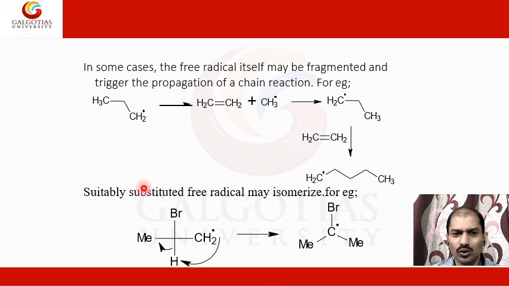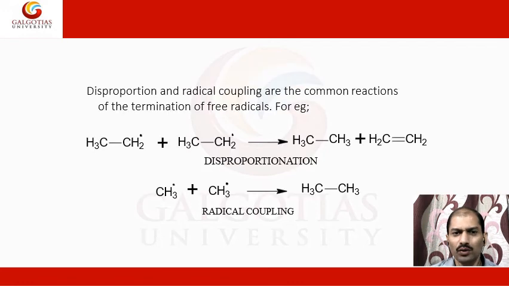A suitably substituted free radical may also isomerize. Here this can take this hydrogen, a methyl group is formed, and this takes the shape of another molecule. So if they are properly substituted, isomerization is also possible in such kinds of species.